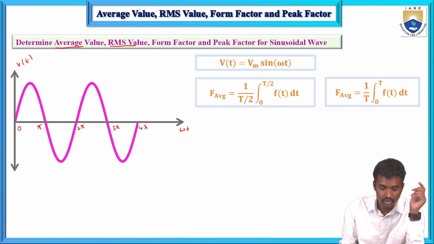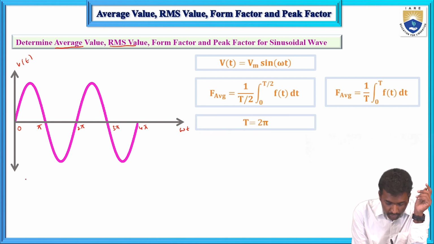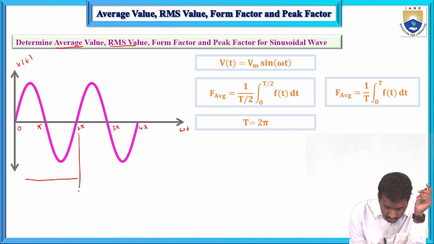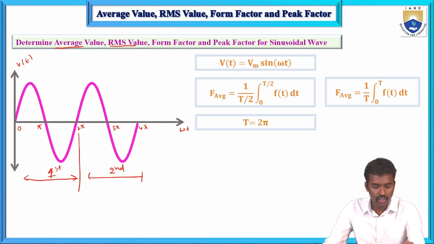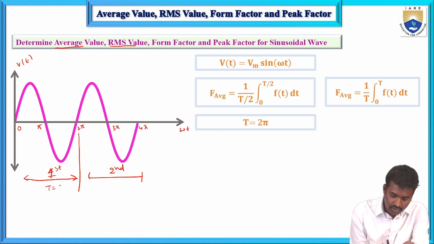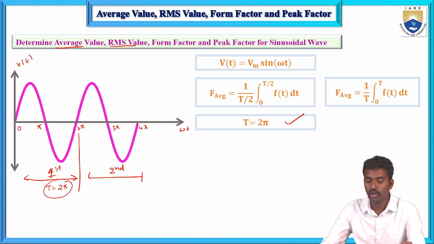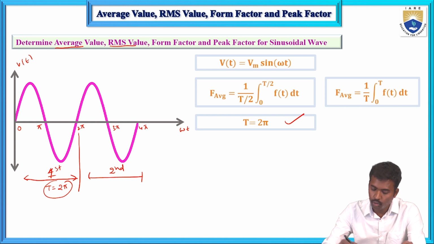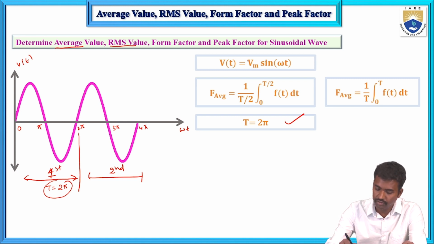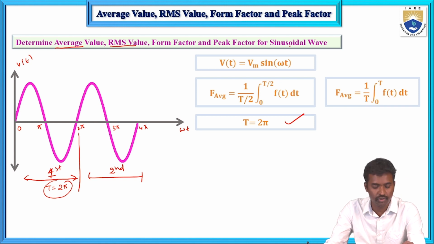Now here the total time period is 2 pi. This is one cycle, the first cycle, and this is the second cycle. The time taken to complete one cycle is the time period, here 2 pi. Now the integral is with T by 2, that is 2 pi by 2, from 0 to 2 pi by 2, and f of t is Vm sin omega t, the voltage function.